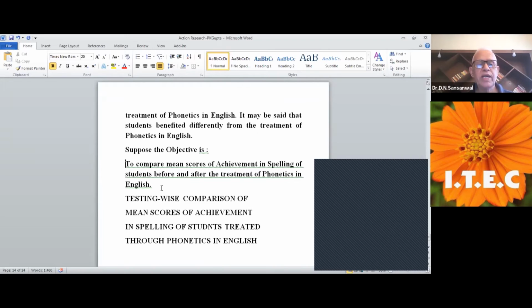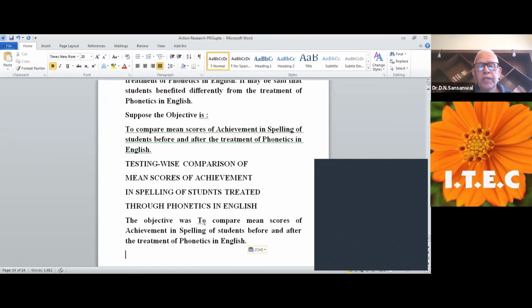And now you say, the objective was to compare the mean scores of achievement in spelling of students before and after the treatment of phonetics in English.